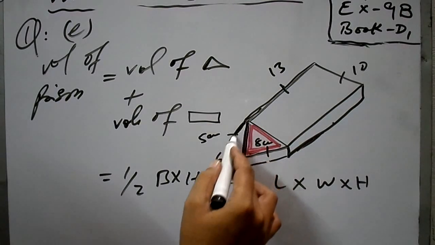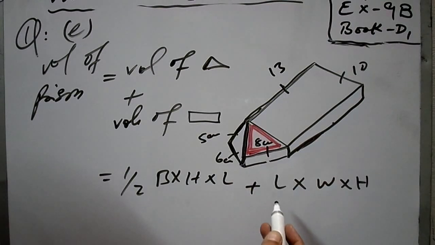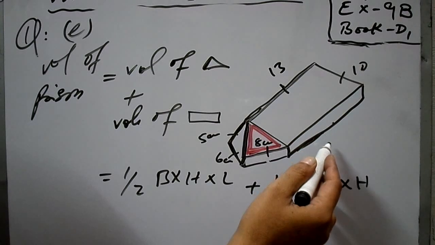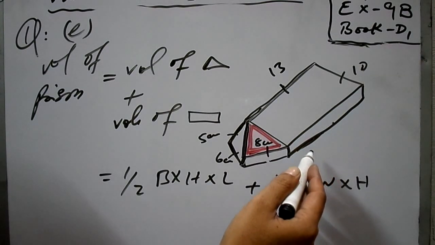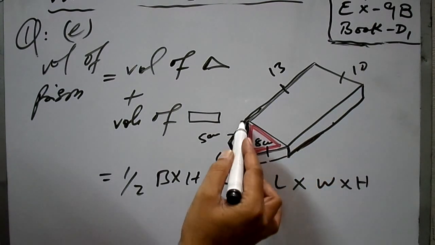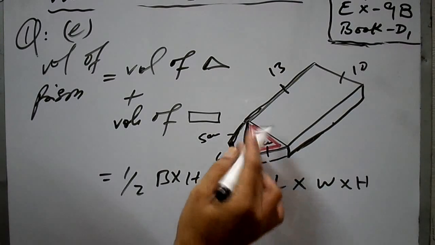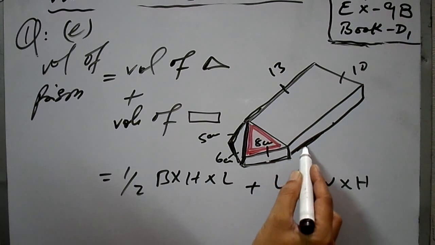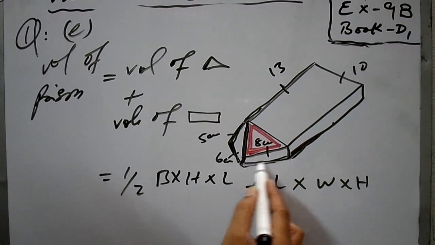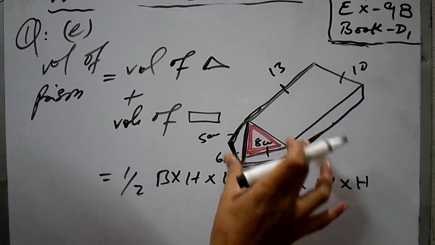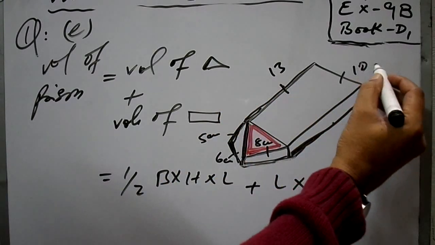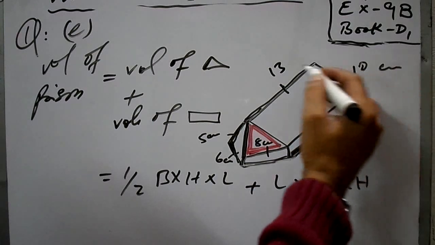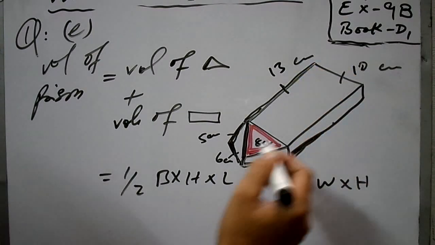These dimensions are given to you in your textbook. So this length is the same. This height is actually this one, because we cannot see properly here, so this diagram is not accurate. Anyhow, it looks like this. These are the given conditions, the dimensions are in centimeters.